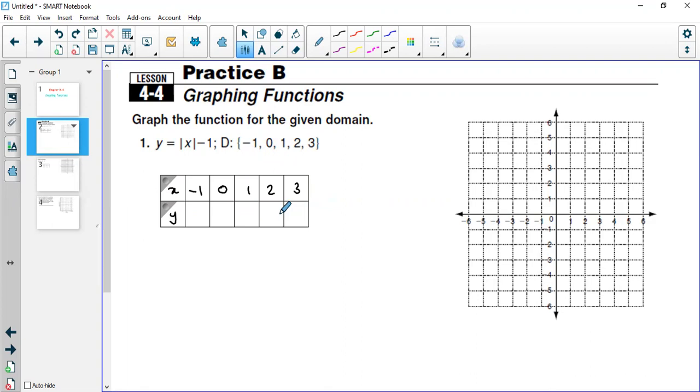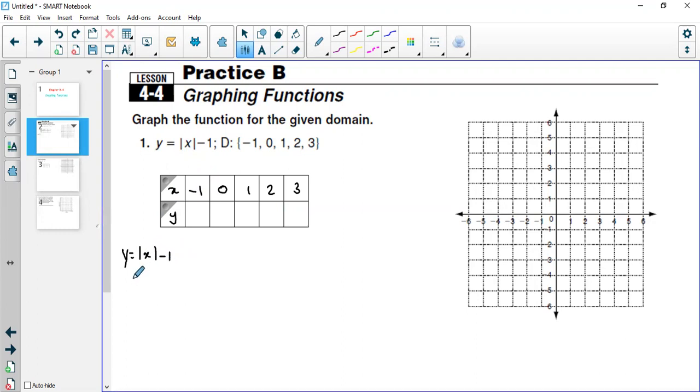So let's see what we can get from this function. The function is this one here. You need to substitute each value of x in this place and then find out the value of y. To start, you have to start with -1. So let me rewrite the equation: y equals absolute value of x minus 1.